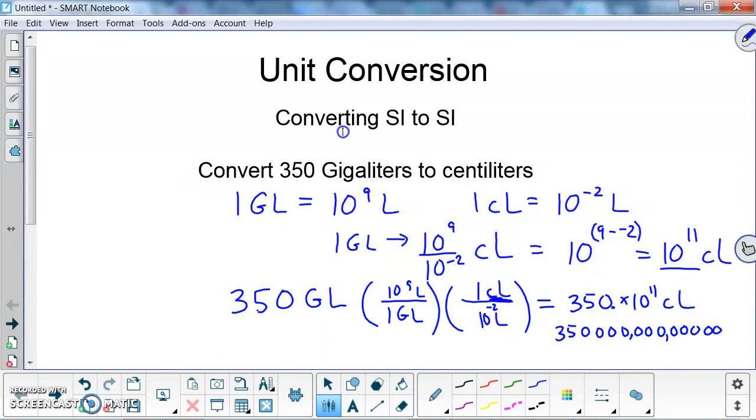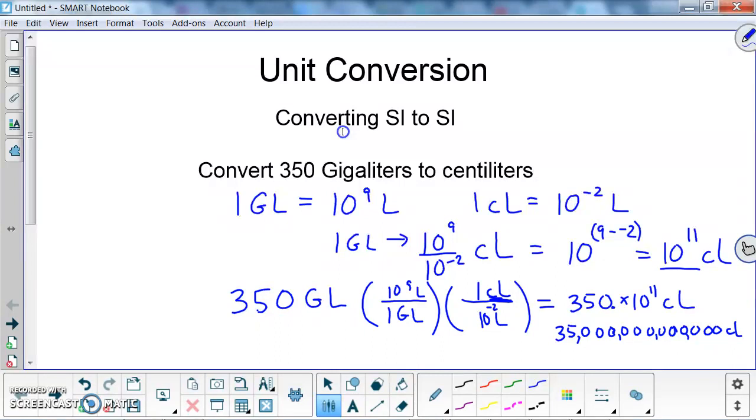I don't need those commas there anymore. I just need to kind of mark those. So I need 11 more zeros after 350. So 1, 2, 3, 4, 5, 6, 7, 8, 9, 10, 11. That is a lot of centiliters.